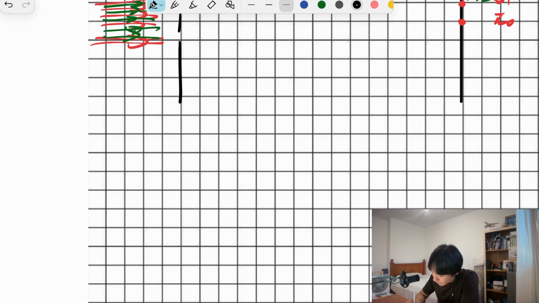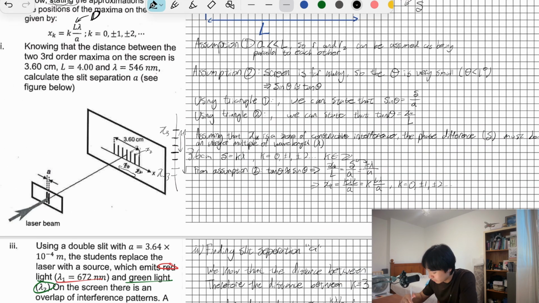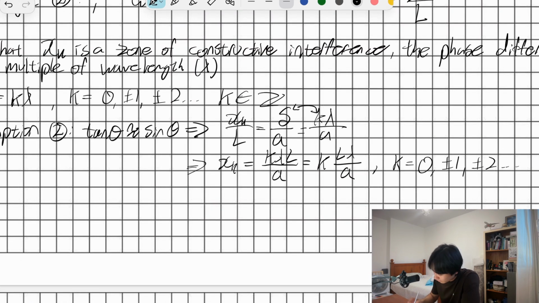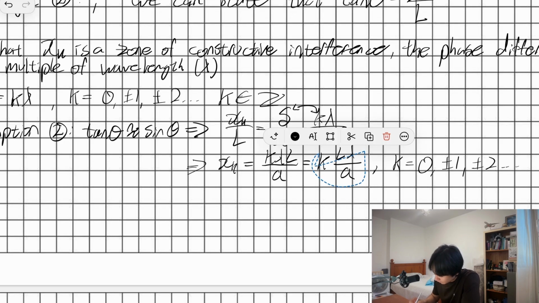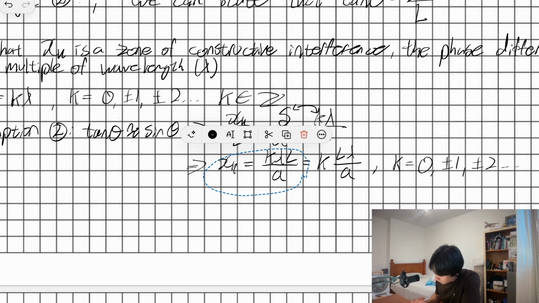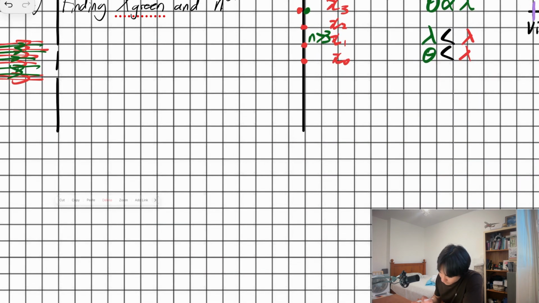So first step, recall that in part 1, we derived this relation here. I can just copy paste this relation here.